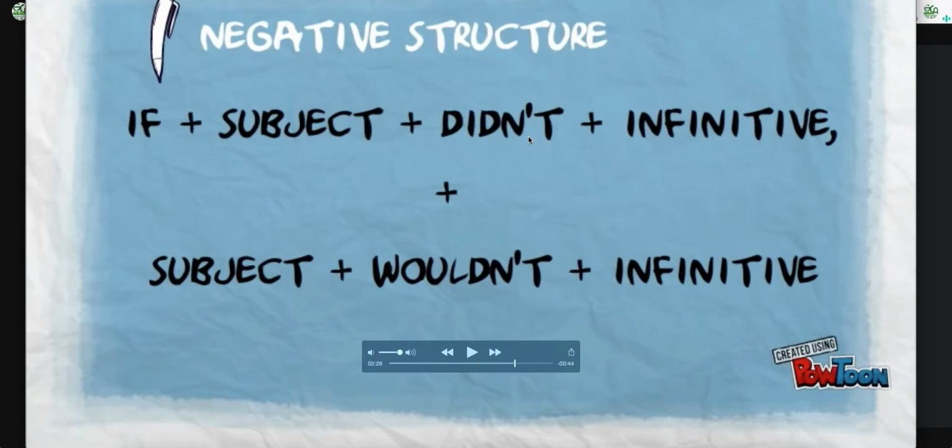Acuérdense que cuando utilizamos el auxiliar en pasado simple, el verbo nos queda normal porque ya tenemos el auxiliar. ¿Listo? And then you have to use the rest of the sentence, the consequence. And you can do it in two ways. You can say subject plus the negative form plus infinitive, or you can have here the affirmative.